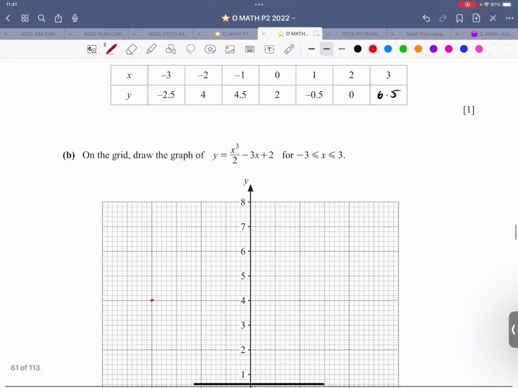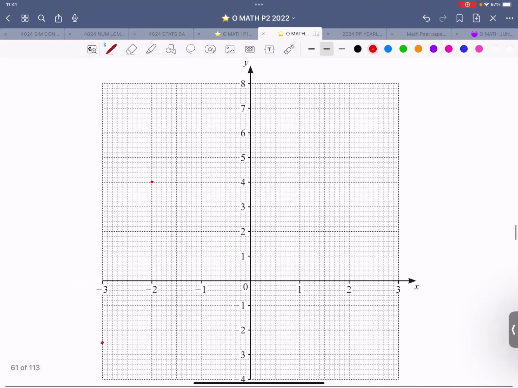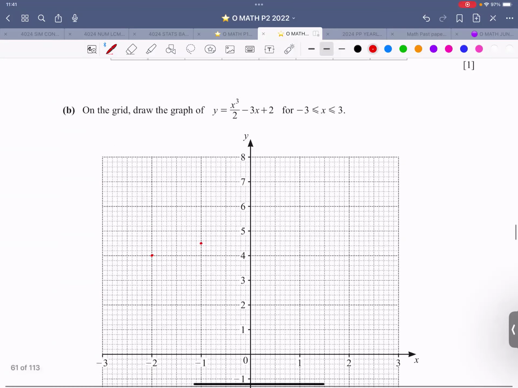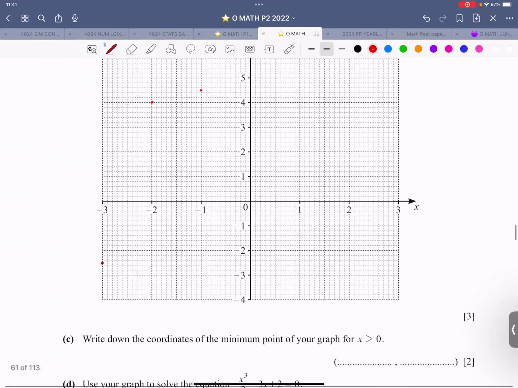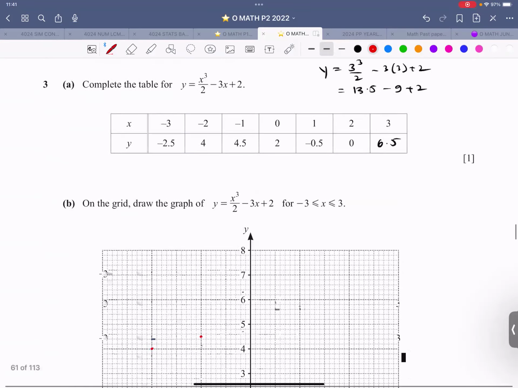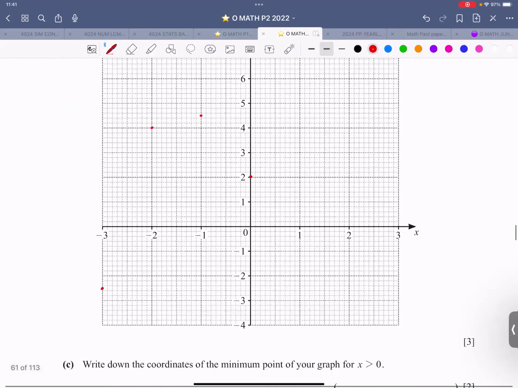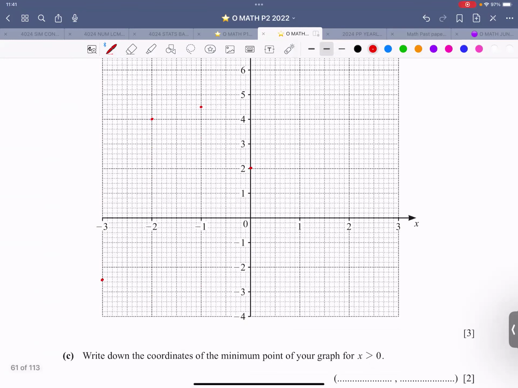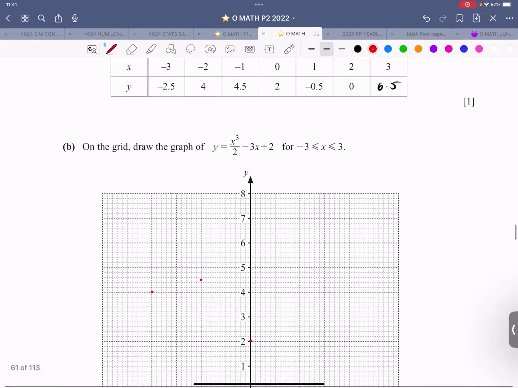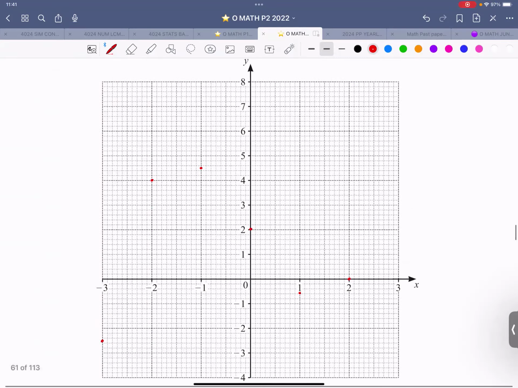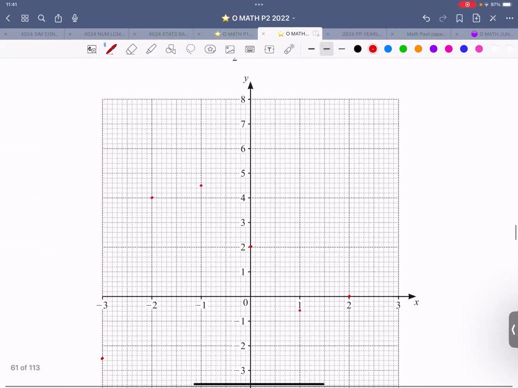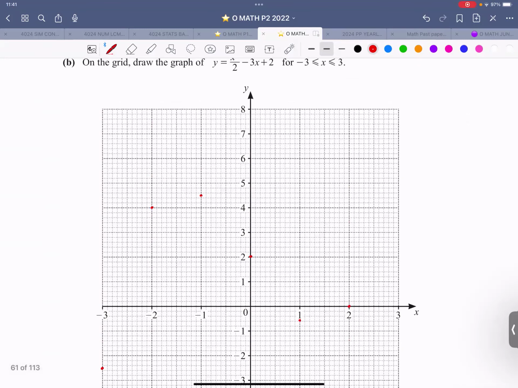Next one, negative 1 and 4.5. And then we have 0 and 2. And then 1 and negative 0.5, it's just like over here. And then 2 and 0. And then 3 and 6.5, so that goes over here.